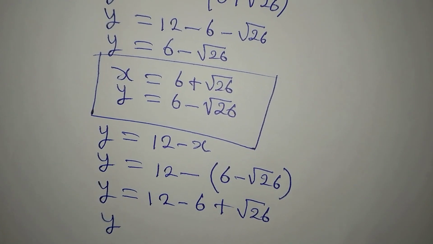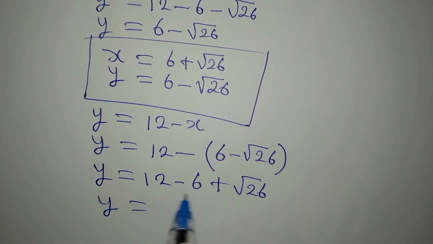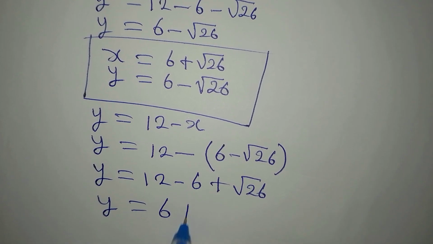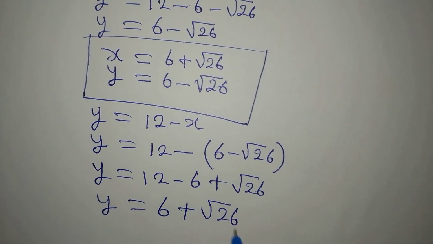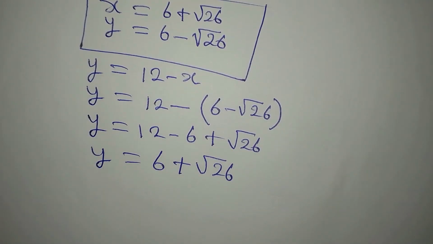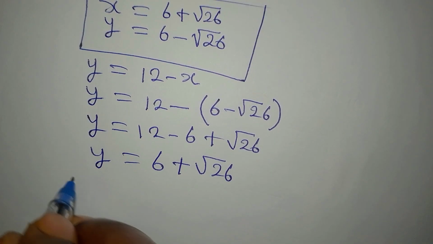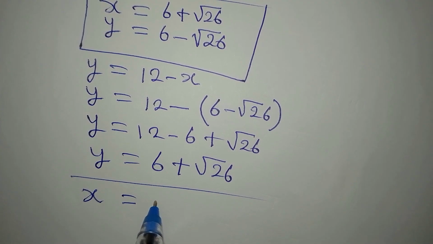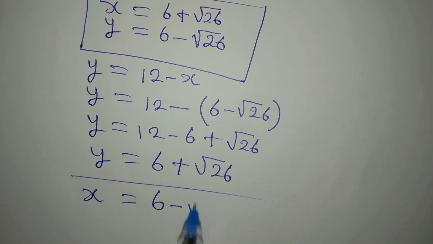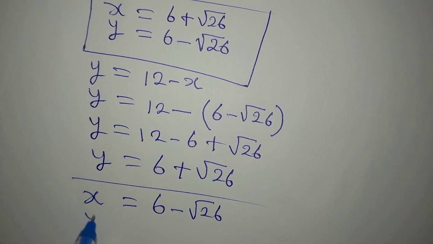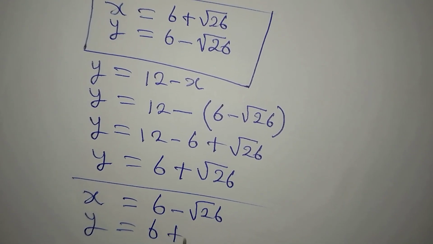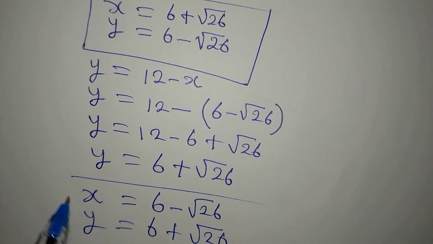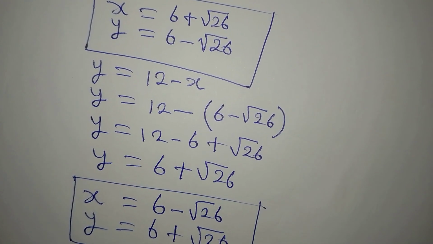So that y is equal to 12 minus 6, which will give us 6. Then we have plus root 26. So what are we saying? We are equally saying that when x is equal to 6 minus root 26, y is equal to 6 plus root 26. So this is what we have.